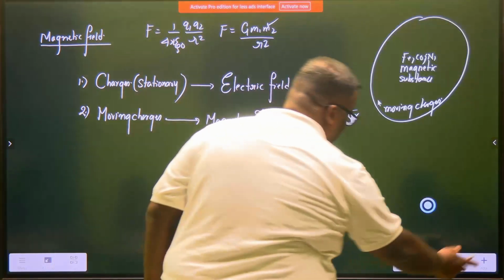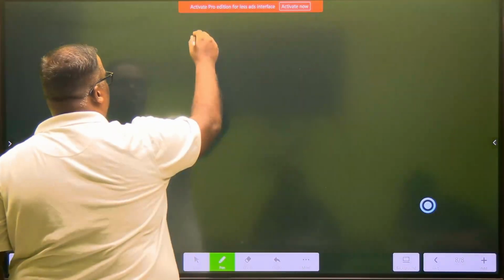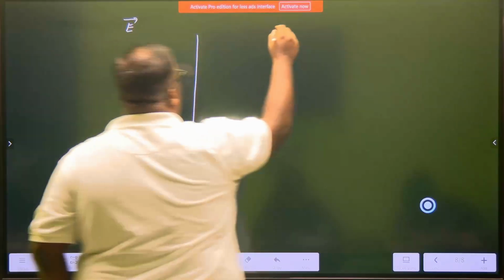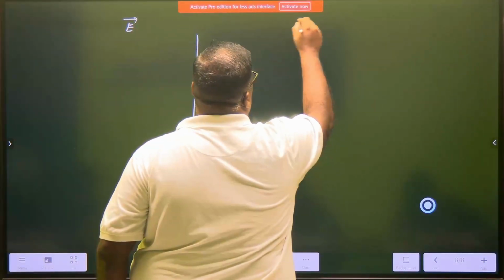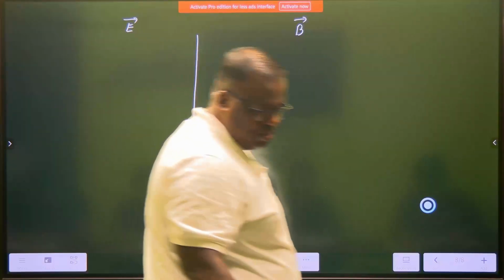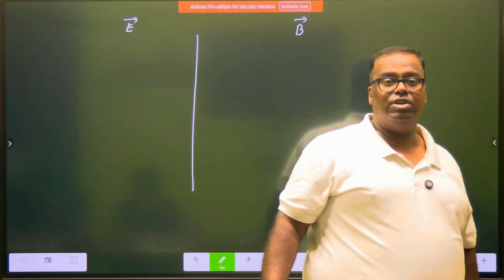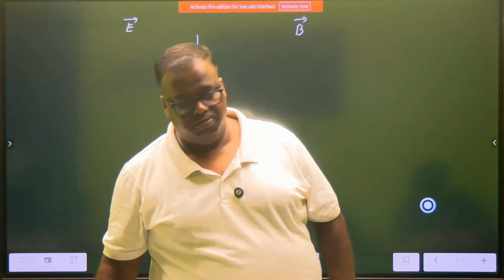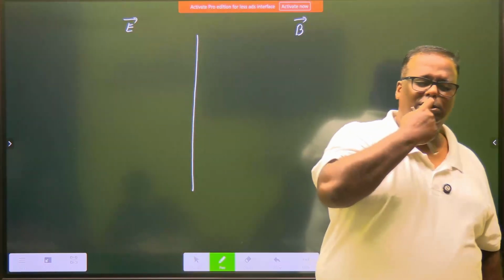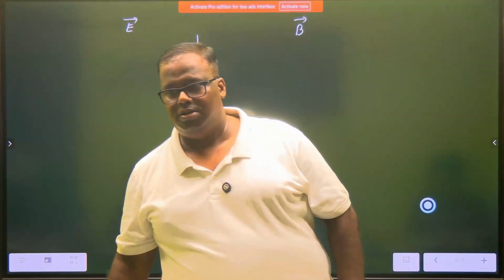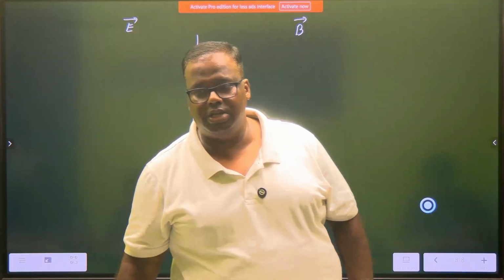No issues, children, so far? So time for us to also see a quick differentiation between an electric field and a magnetic field. Make a T orientation like this and write down these points also. E versus B. Point number 1 on the left side: produced by electric charges.